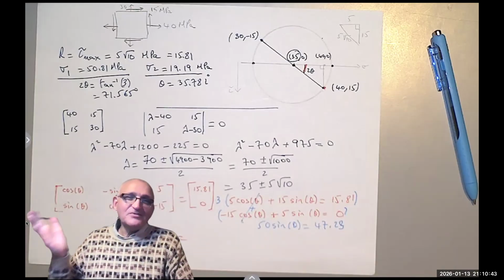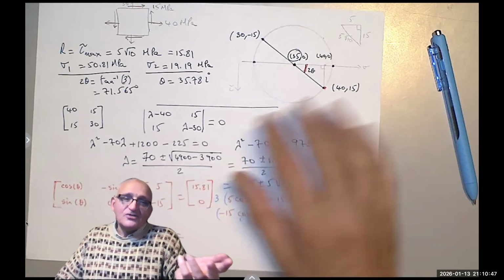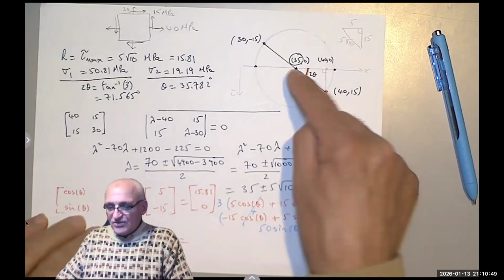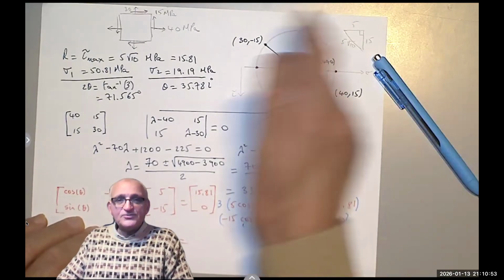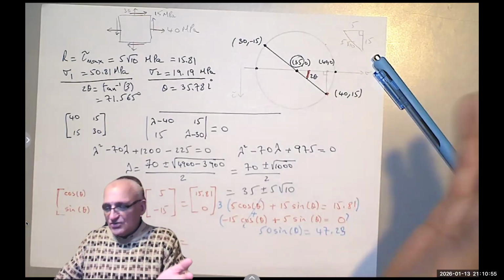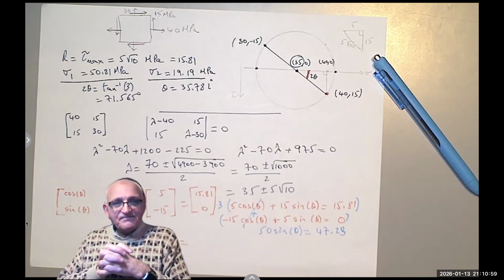Again, it may or may not help you. Most likely, I would rather use the Mohr circle. It's easier. I know how to calculate the diameter, the radius easily, and then add and subtract to get sigma 1 and sigma 2 and use arc sine or arc tan or anything to find 2 theta.